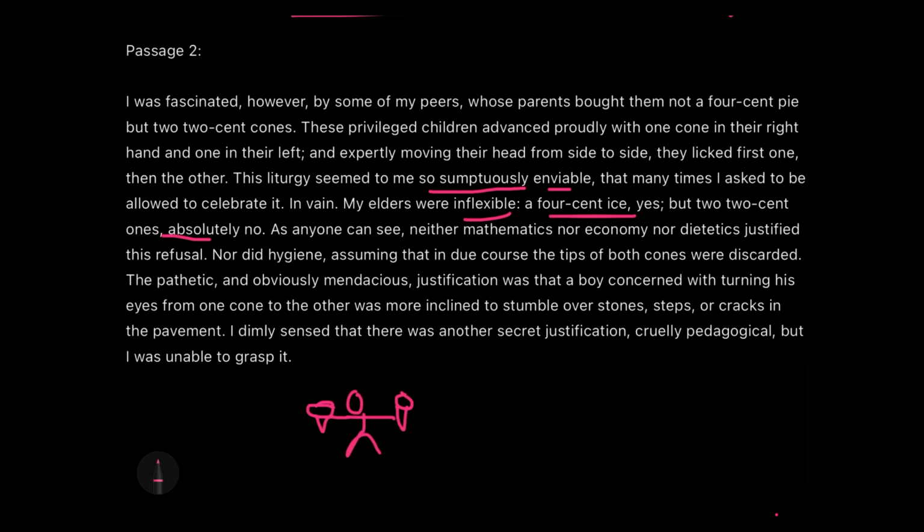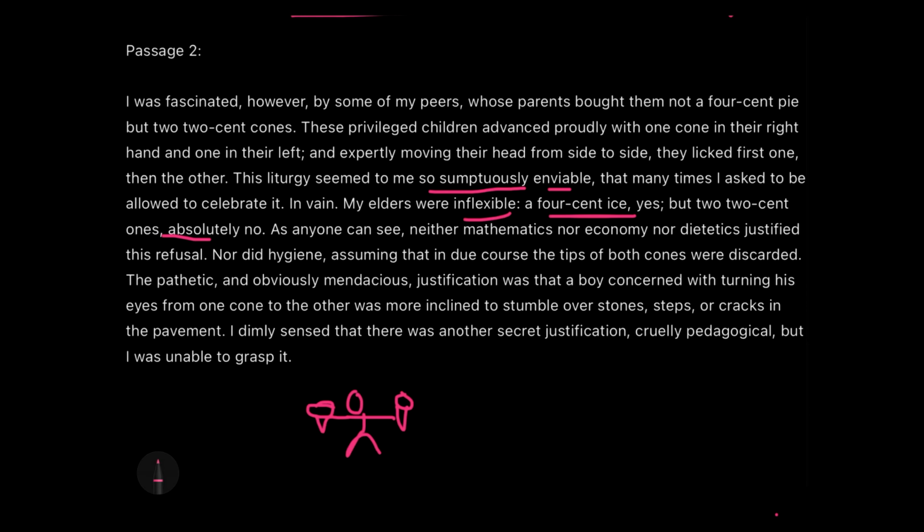So they allowed him a 4-cent ice cream. That means the amount of ice cream he was getting in one cone was the same as the other kids were getting. But his parents didn't allow him to have two 2-cent ice creams. "As anyone can see, neither mathematics nor economy nor dietetics justified this refusal. Nor did hygiene, assuming that in due course the tips of both the cones were discarded.